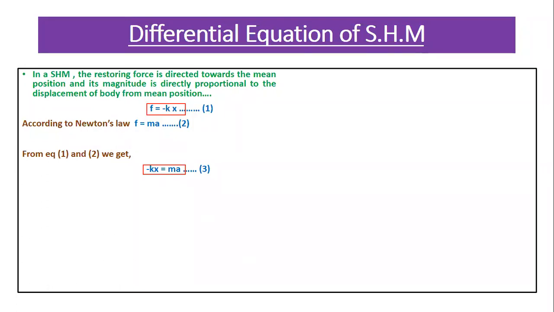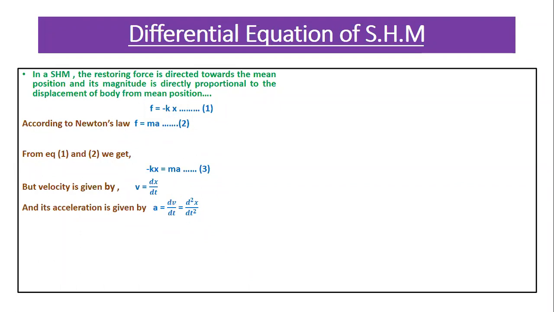Now we have to substitute the acceleration. You know that velocity is dx by dt, and acceleration is dv by dt. If we substitute this v, we get d square x by dt square as the acceleration.